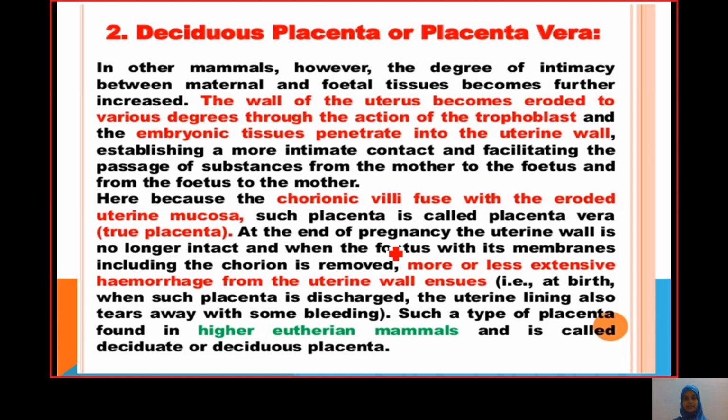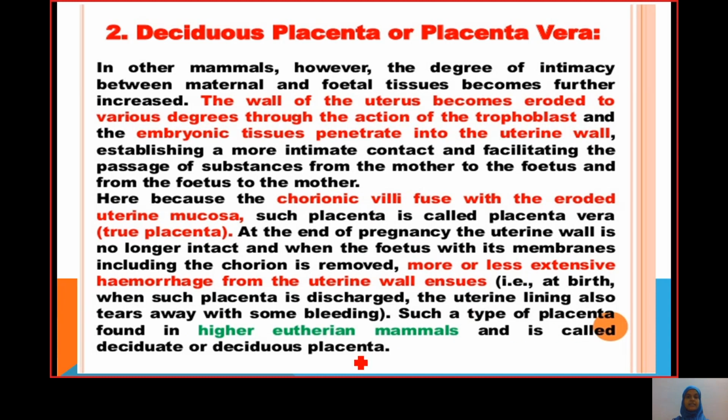At the time of pregnancy, the uterine wall is no longer intact, and when the fetus with its membranes, including the chorion, is removed, more or less extensive hemorrhage from the uterine wall ensues. That is, at birth, when such a placenta is discharged, the uterine lining also tears away and some bleeding occurs, because the placenta brings some uterine wall damage with it.